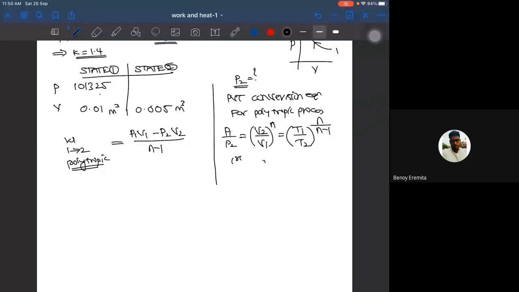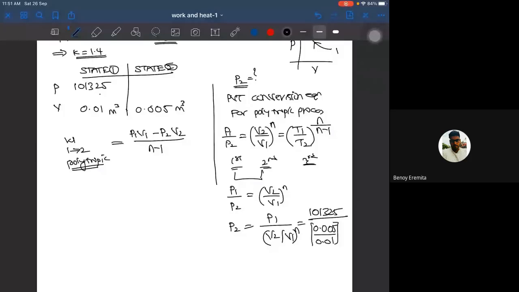Which two terms should I correlate so that I can get the value of P2 here? Pressure and volume. So you have to correlate these two. That is P1 by P2 equal to V2 by V1 whole to the power of n. From this, if I extract P2, it will be P1 divided by V2 by V1 whole to the power of n.